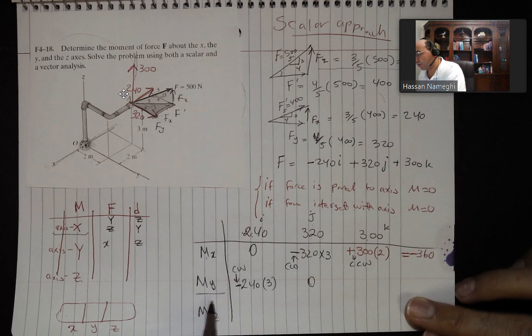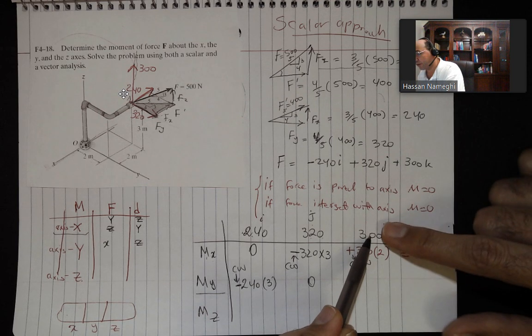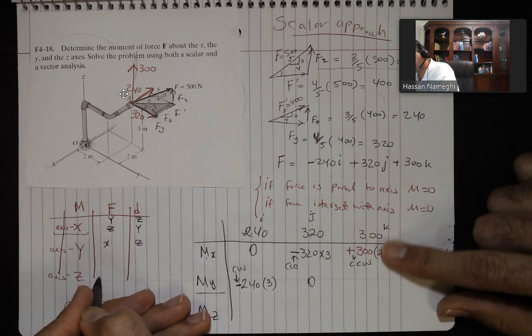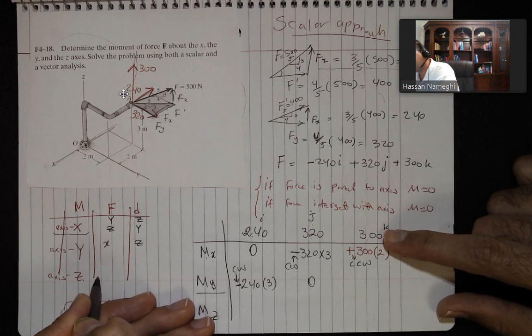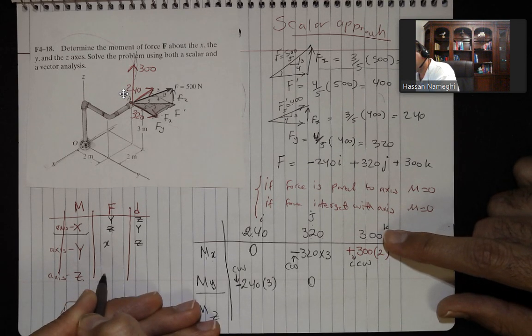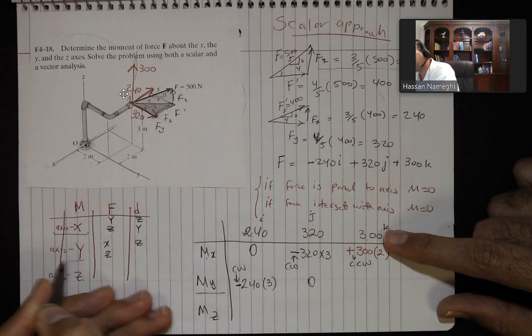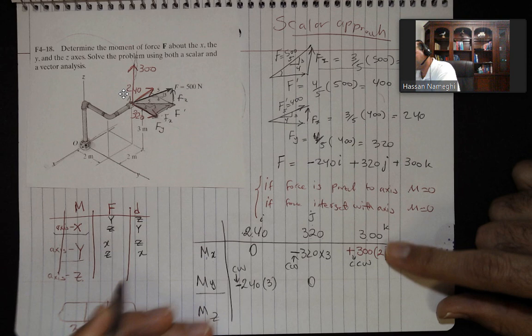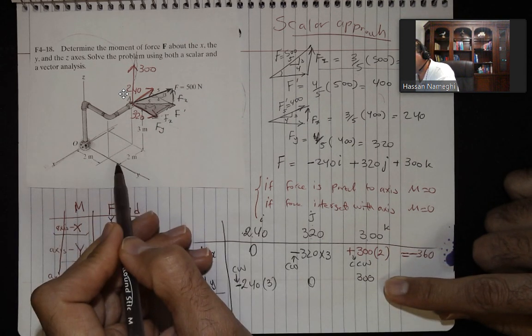So the third one I would like to do is moment of the force 300, which is on the z. Sorry, the force is on the z. I'd like to do moment about y-axis. The distance will be on the x. So it will be 300. The x distance we have is 2.